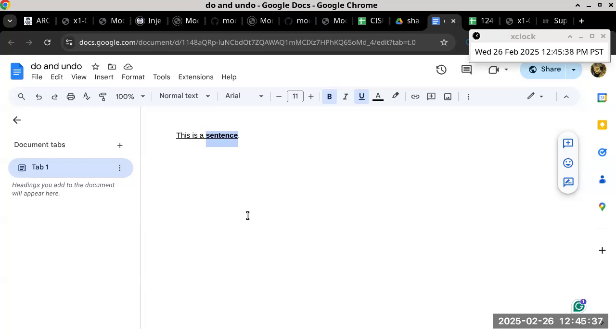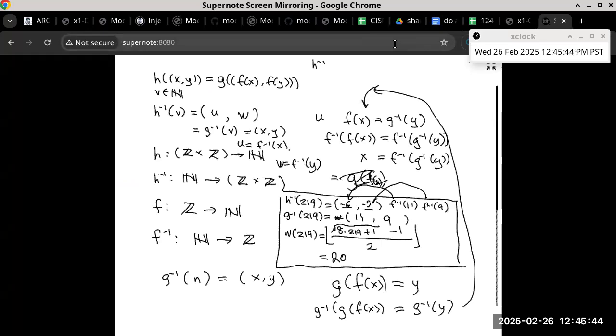So that means when H is the result of applying F first to the individual X, Y, and then performing G on top of that, the undoing will have to start with undoing G first.